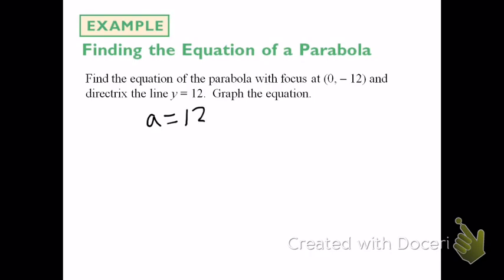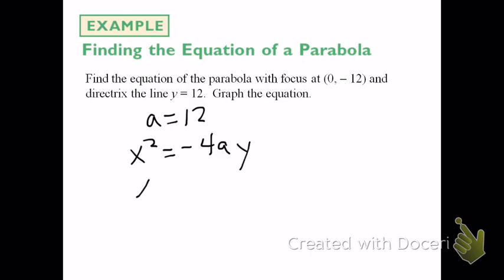We have a parabola where the focus is below the origin, the directrix is above the origin, so this is going to open downward, which means that we have an equation where x is squared. It's going to be negative in front of our 4a multiplier because it opens downward.